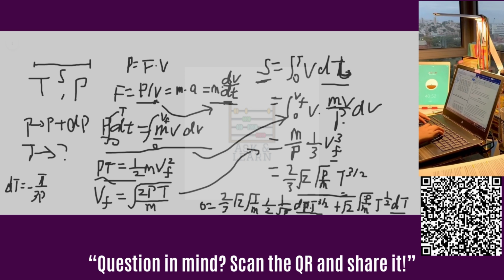So the final solution I found is dt equals negative t over 3P times dP. Okay, so this is the final solution. It means that if the power is increased, then the time is decreased, which makes sense.